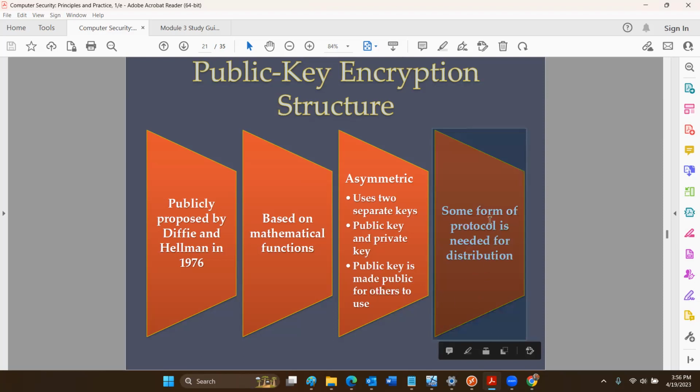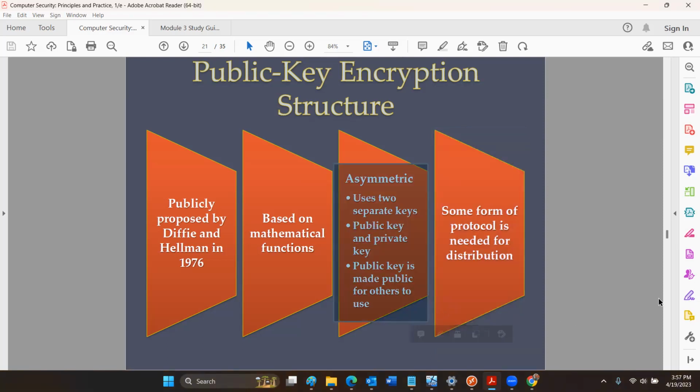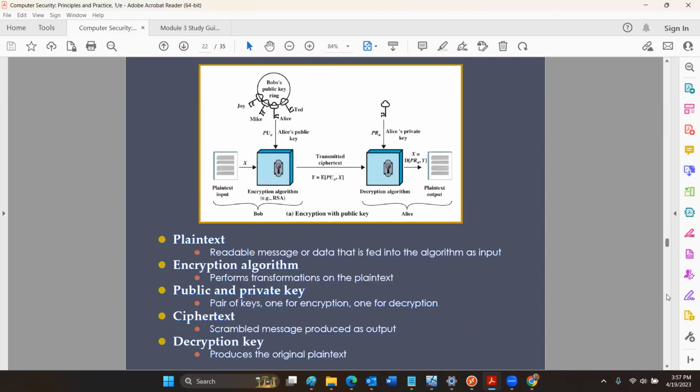Now, you need some form of protocol for distribution. This last piece is the biggest aspect of this. So this diagram basically explains how this works, and it's reversible. So everybody sees Bob has a public key.